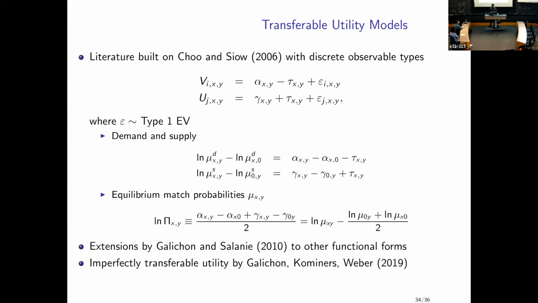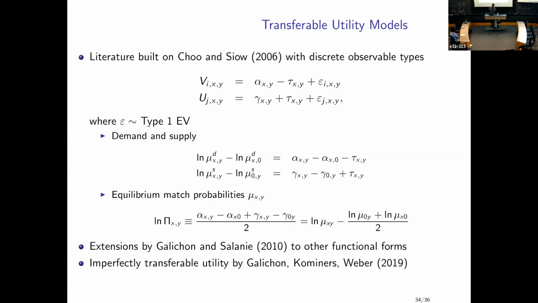The transfer utility model, one of the classical models, is the Choo and Siow model from 2006, where the two sides again, i and j, indexed by i and j, one-to-one matching, and what you've got is the value of agent i, who's of type x, matching with an agent of type y, the discrete types x and y, is alpha of xy minus some transfer that is xy specific, plus epsilon i times epsilon of i sub xy.